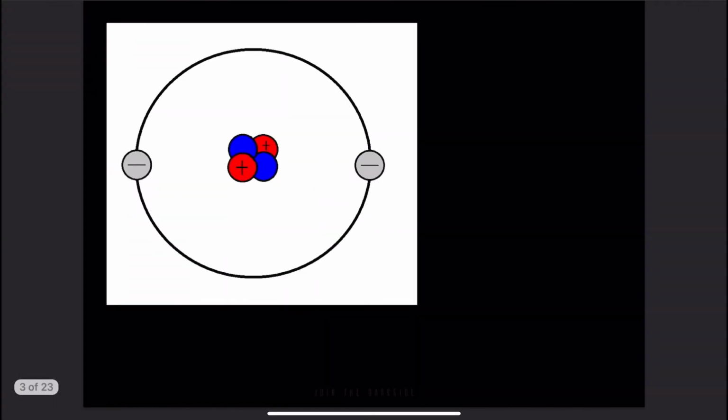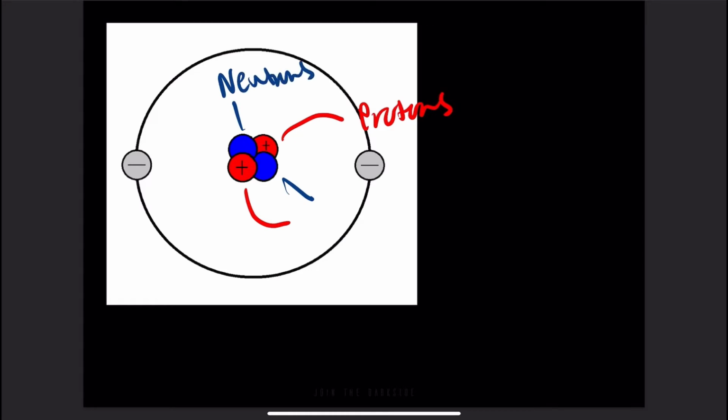And let's take, for example, this helium atom. We know it's helium because it has two protons. Those two red bubbles, those are protons, positive. Two protons in an atom means that atom is by definition helium. Then we see two neutrons, the two blue spheres.